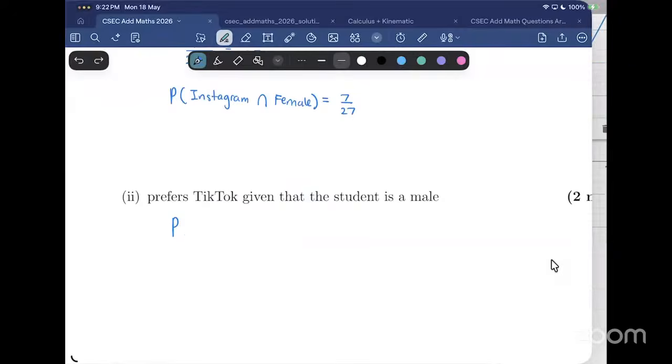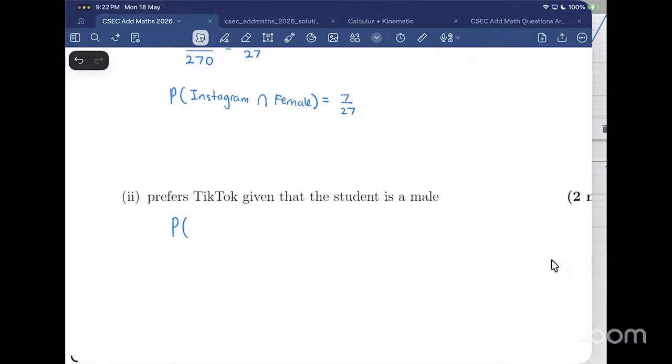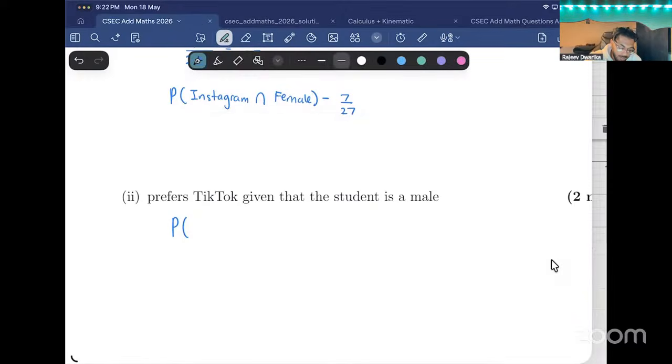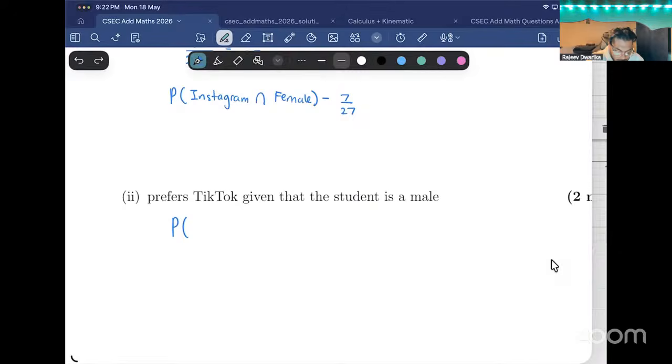Well, you'd use conditional probability. I don't think they're going to take away marks for this, but I'm just showing the students the proper thing. They're asking you prefers TikTok given that the student is a male. So TikTok, that upside down U, I forgot what we called it.